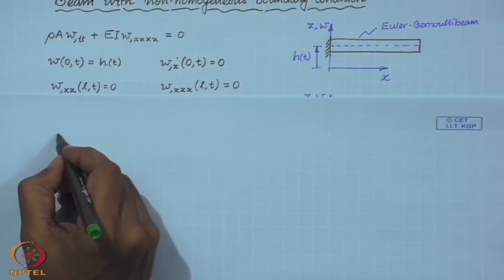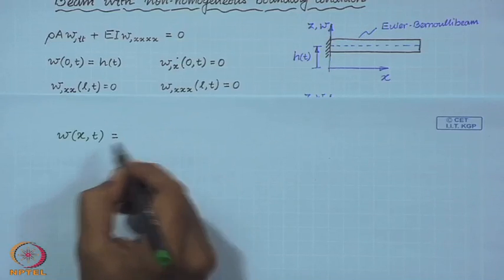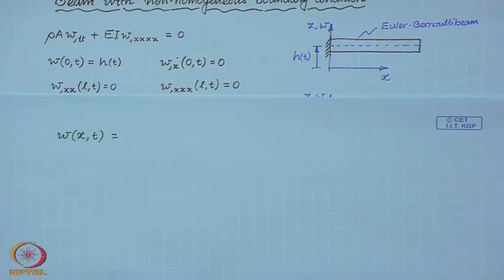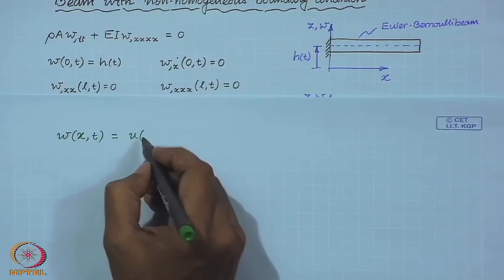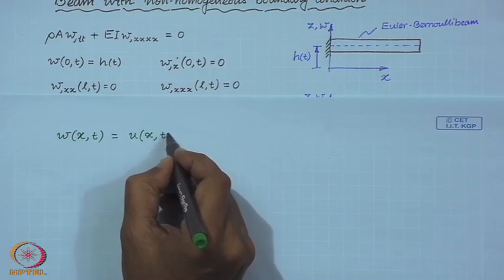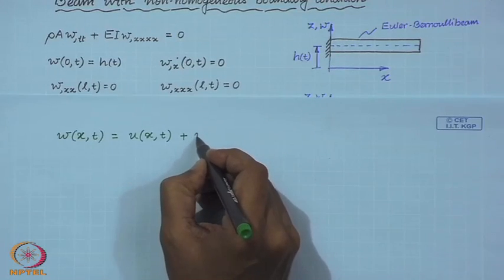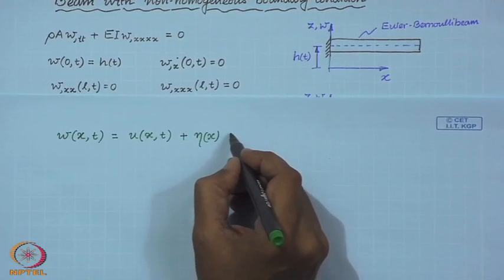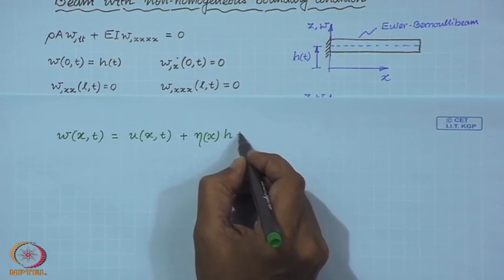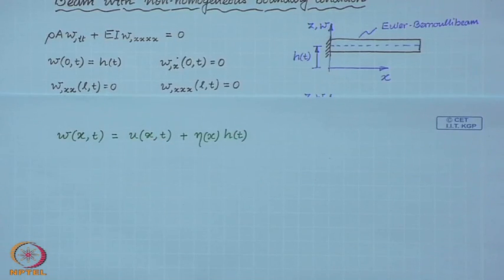Let us say that our field variable W, we want to convert or transform to another field variable, let us say u of x comma t, plus an unknown function of x times h of t, which is this function that you have as the forcing.